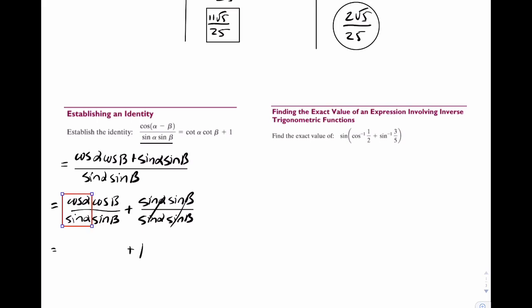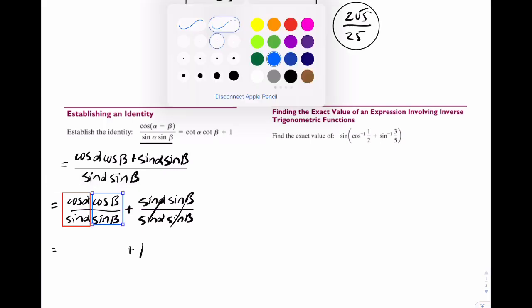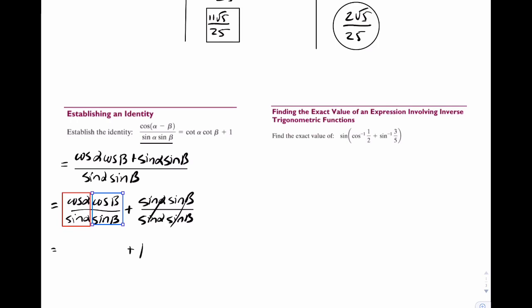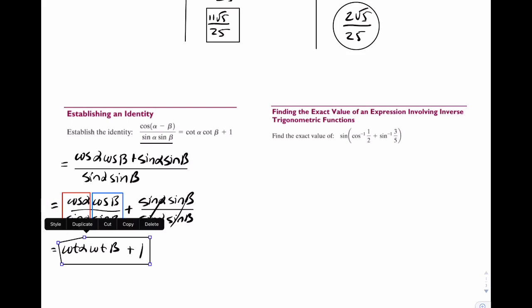Right there, we have our cosine alpha over sine alpha, and right here, we have our cosine beta over sine beta, which means that is your cotan alpha cotan beta. There it is. So let's box that. Whoa, that's good. And let's put our happy face.